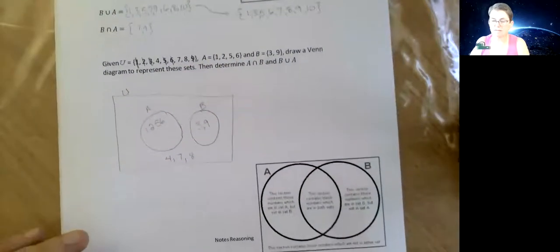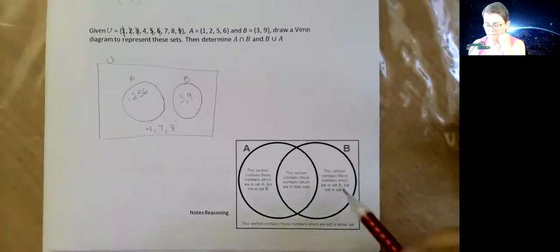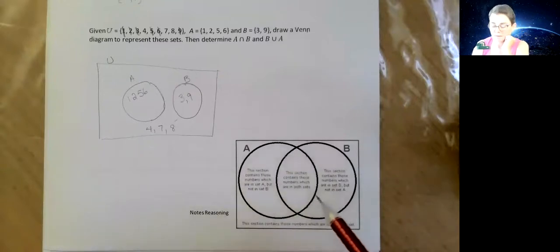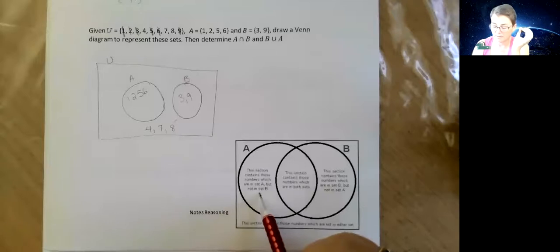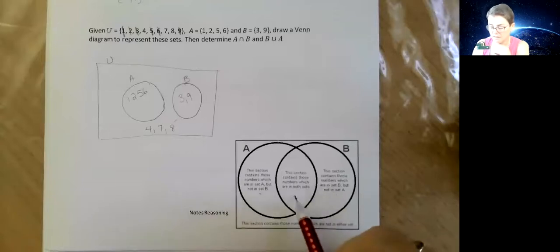And then I found this. It's a little hard to see, but it's a really nice diagram. So talking about the Venn diagrams where I have an intersection, this section contains numbers which are in set A but not B. So these are characteristics or things that are only in A. This section contains those numbers which are in B but not A, only B. And this is a section that contains numbers in both sets.